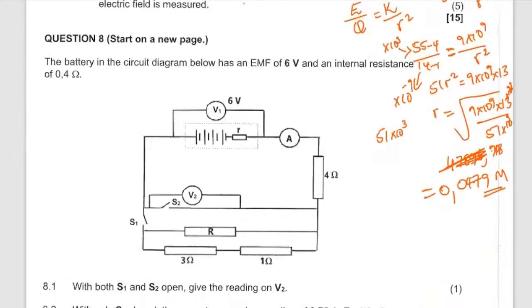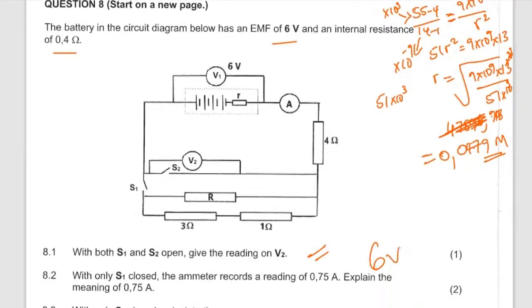Then question 8: a battery in the circuit below has an EMF of 6 and an internal resistance. With S1 and S2 open, can we give the reading on V2? Where is V2? This is V2. So V2 is connected across the battery, so it has to read the EMF, 6 volts.